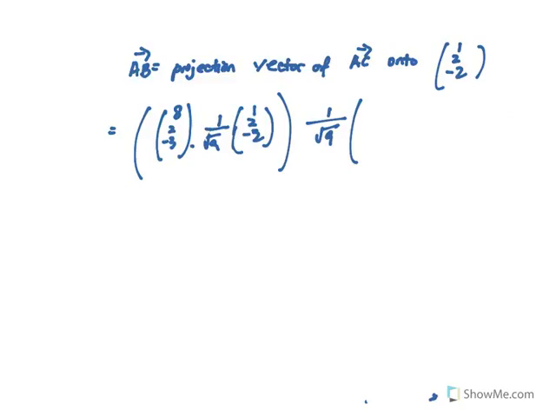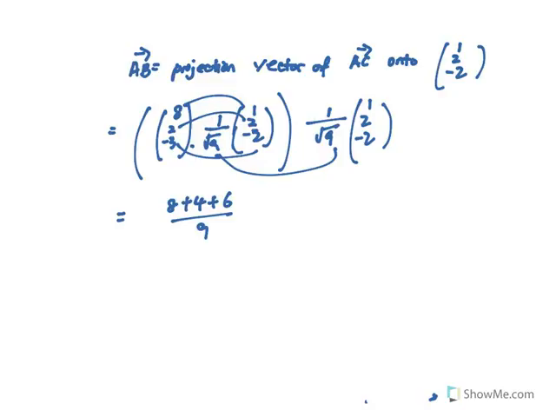Sorry for the careless mistake. With that, this should give me 8 plus 4 plus 6 over 9. Square root 9 gives 9, 8 plus 4 plus 6, after that I have 1, 2, negative 2. This is just equal to 2 times 1, 2, negative 2.